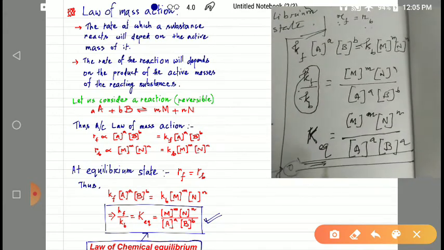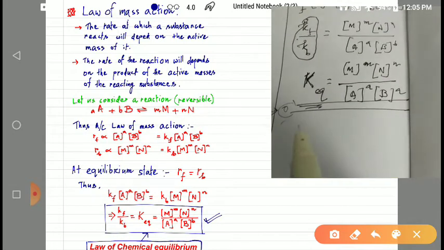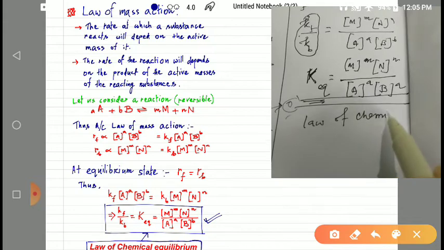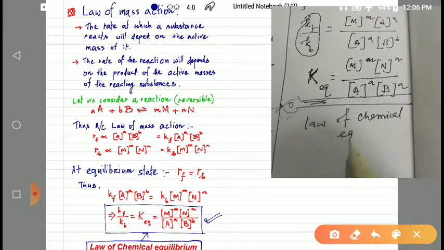This is actually known as the law of chemical equilibrium.